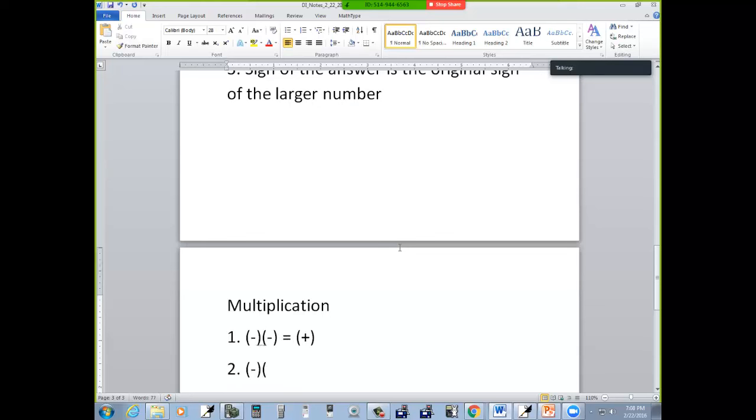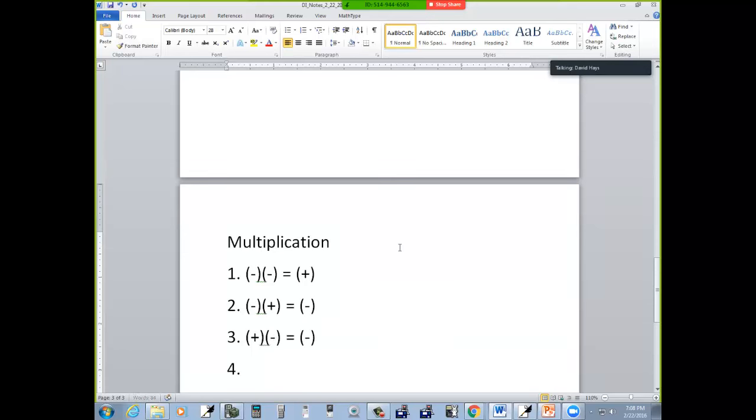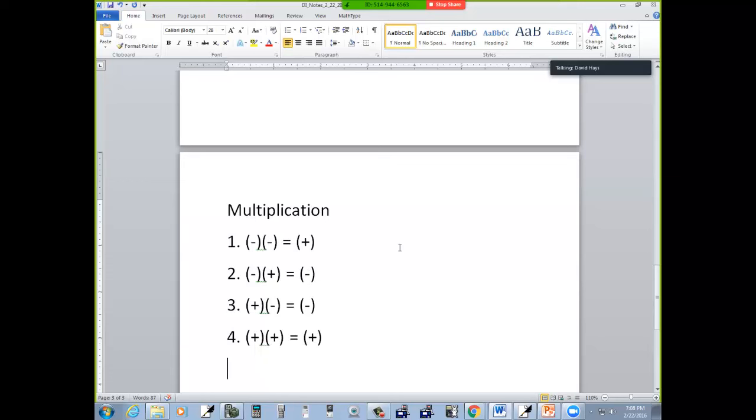If you have a negative times a positive, that's going to give you a negative. If you have a positive times a negative, that will give you a negative. And if you have a positive times a positive, that'll give you a positive. And you probably notice a pattern here. Signs are the same, it becomes positive. Signs are different, it's negative.